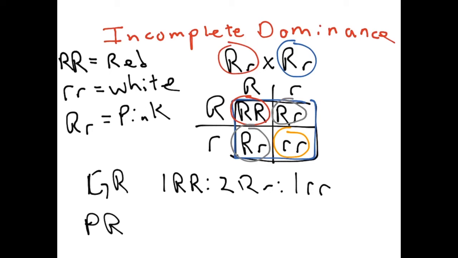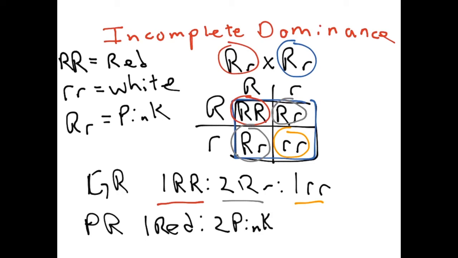This will give us red flowers, this will give us white flowers, and this will give us pink flowers. So our phenotypic ratio would be 1 red flower to 2 pink flowers to 1 white flower.